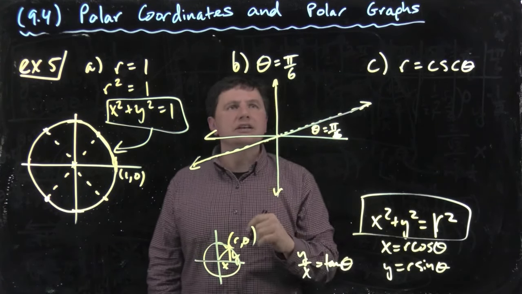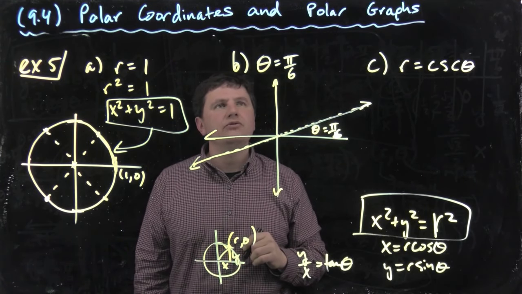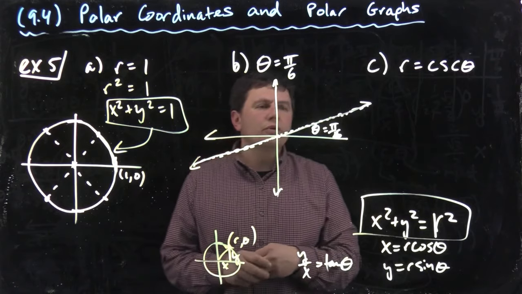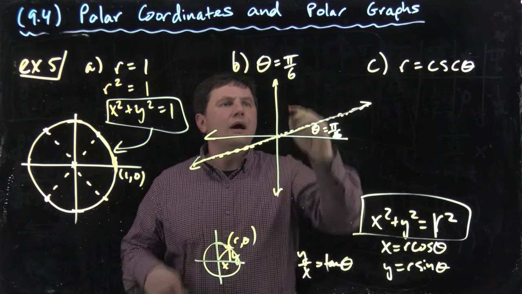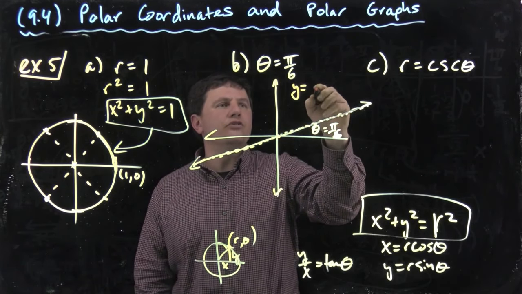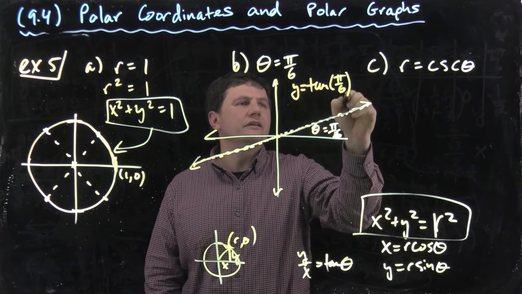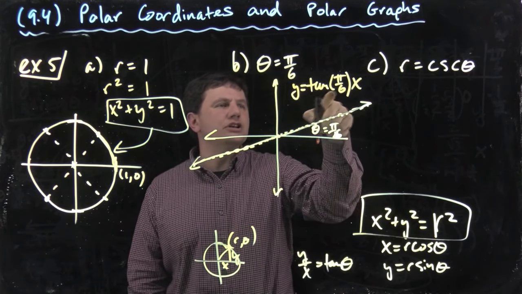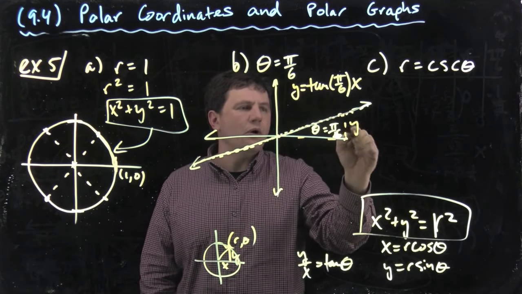Now, how am I going to change this? The thing we want to realize here is this is just always going to be a line. So it's going to be y equals the slope of that, which is going to be tangent of pi over 6, and then x. So tangent of pi over 6, because that's going to be our rise over run, right?